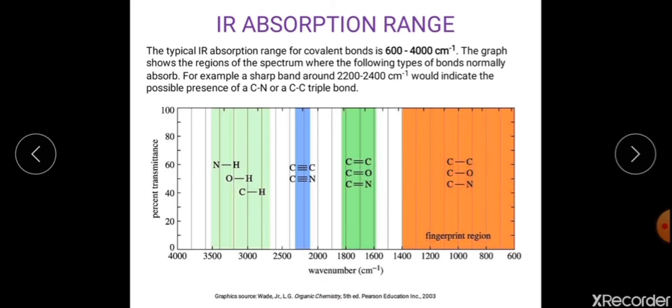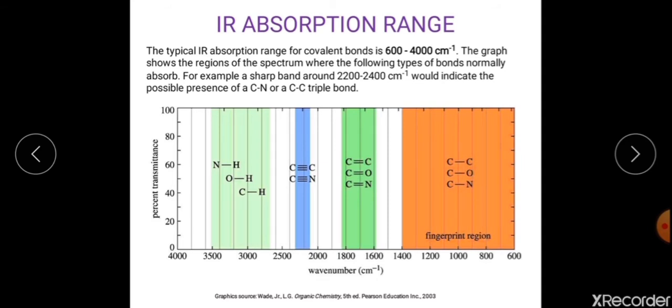And this is called the functional group region. From 1400 to 600 we have the fingerprint region, and from 1400 to 4000 centimeter inverse we have the functional group region, in which different functional stretching vibrations will happen.